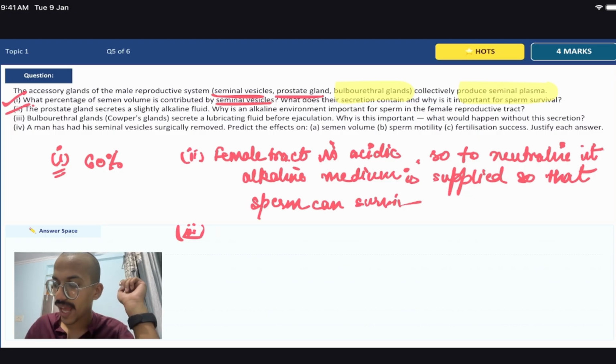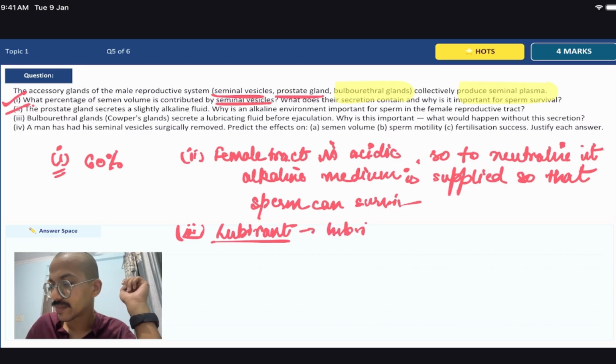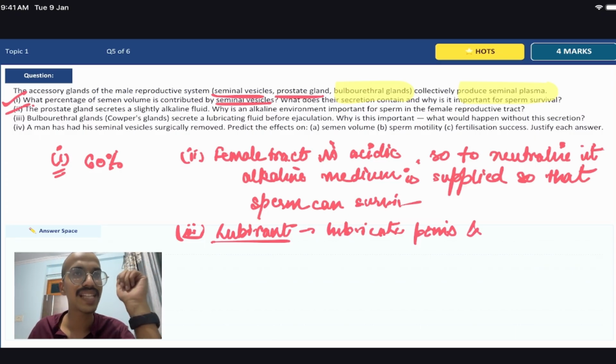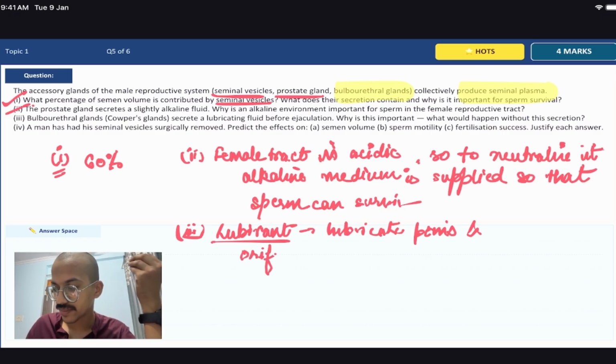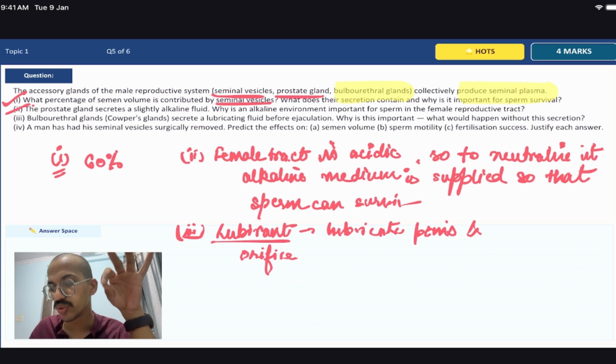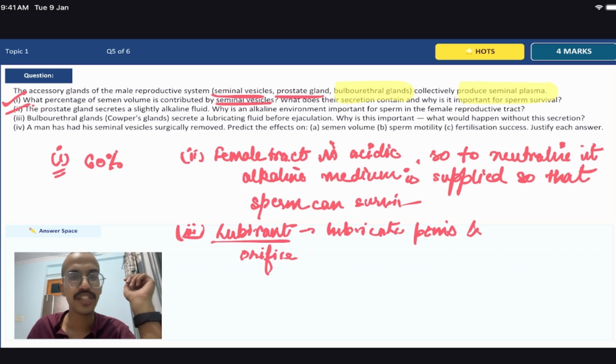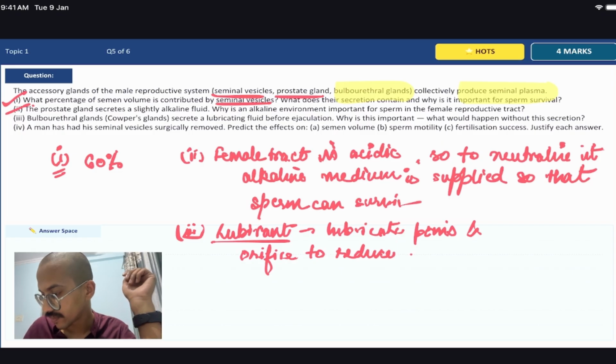Basically, this lubricant secretion lubricates the penis and the urethral orifice so that it reduces the friction while ejaculating. To reduce friction.